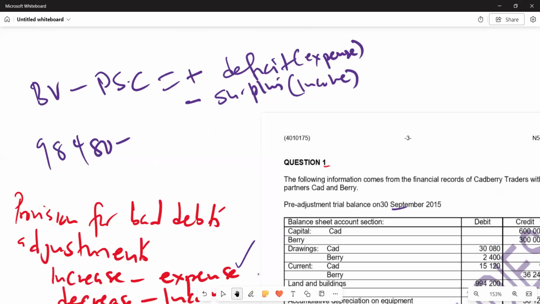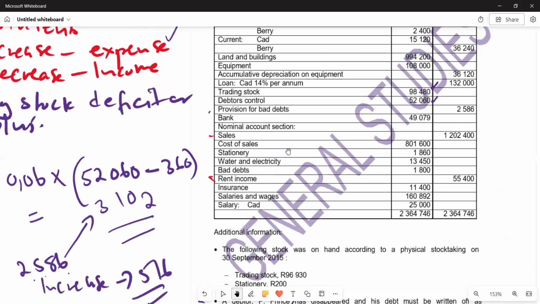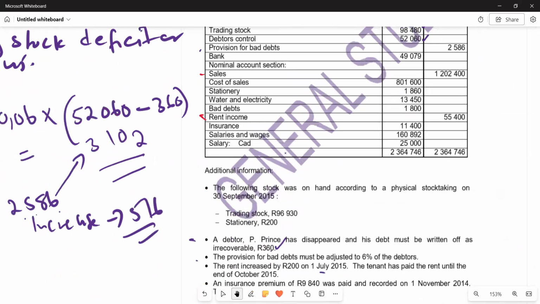And then we subtract the physical stock figure, which is given in the additional information: the following stock was on hand according to a physical stock taking on 30 September 2015. You only take the one for trading stock, which is 96,930.